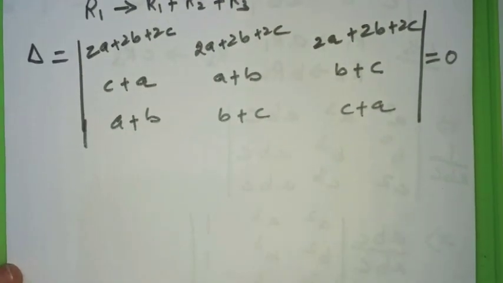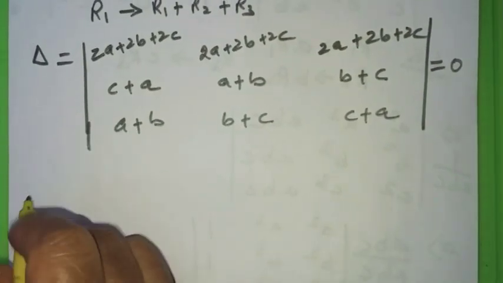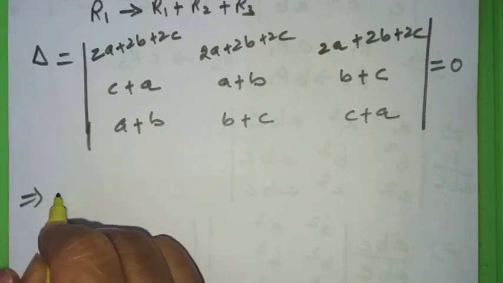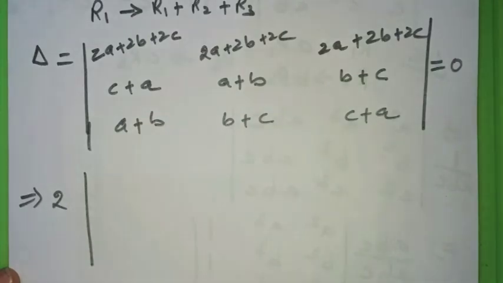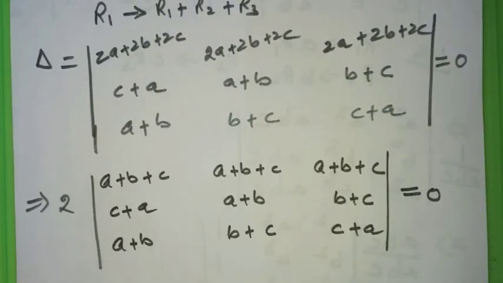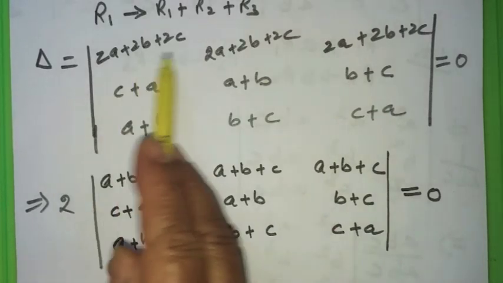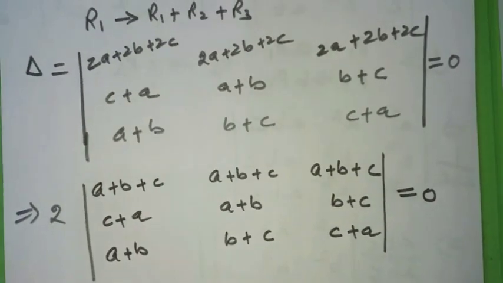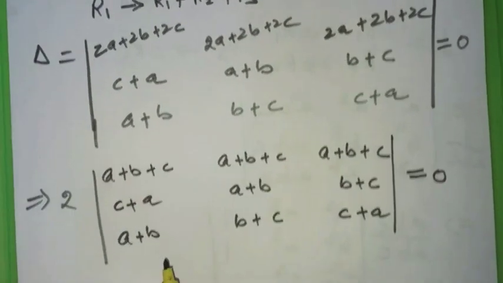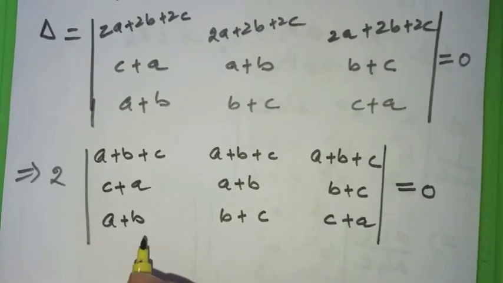Now the next step you will take is that you will take 2 common, so we are left with a plus b plus c in the first row, and row 2 and row 3 are the same as they were before. Now in the next step I will subtract from the second row.